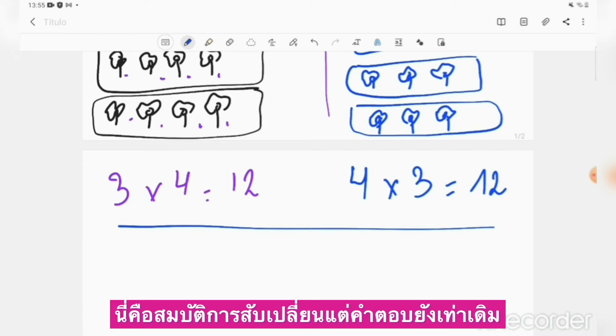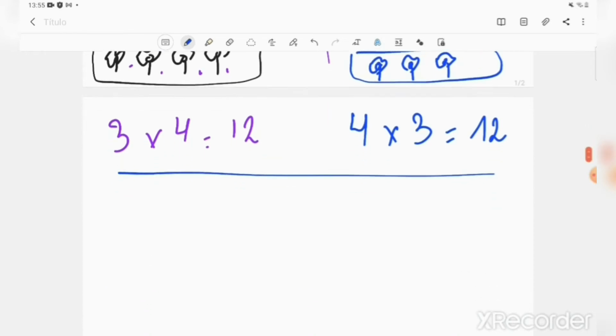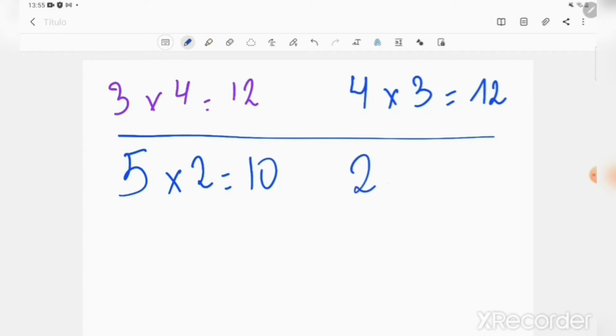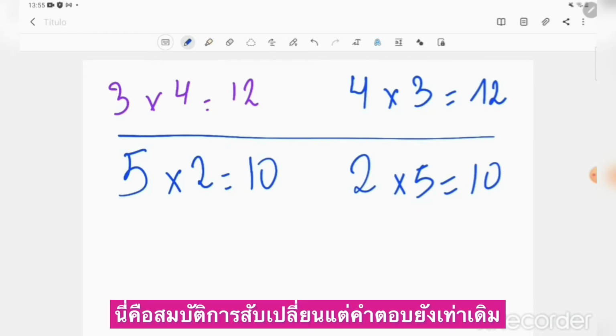Okay, and this is how it works, and it works with every multiplication we want to do. For example, 5 multiplied by 2 equals 10, and 2 multiplied by 5 equals 10, as always. Okay, so this is how to understand the commutative property of multiplication.